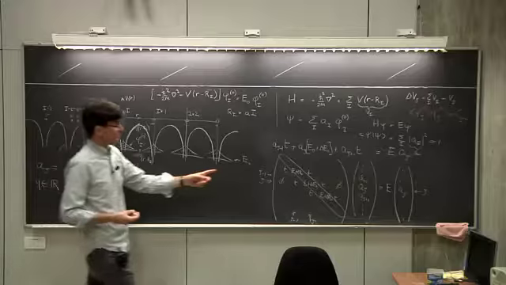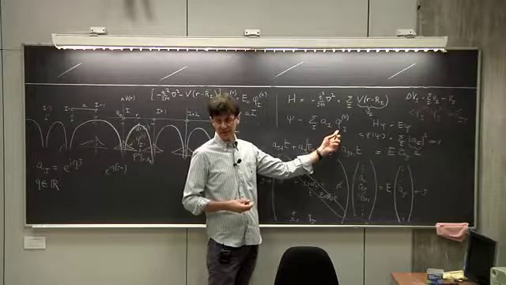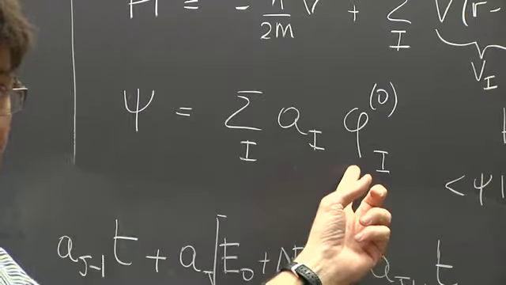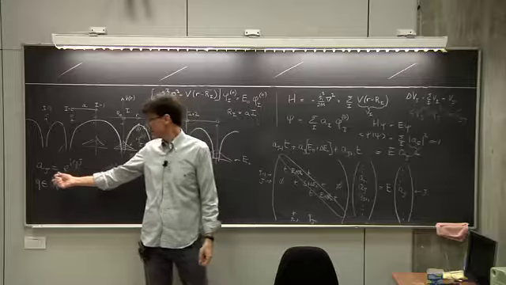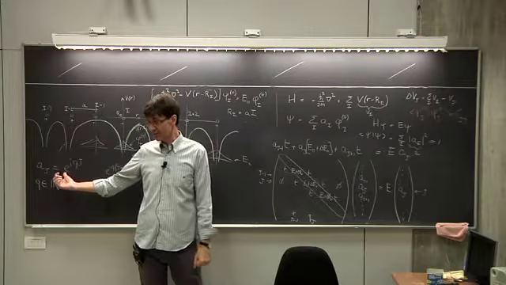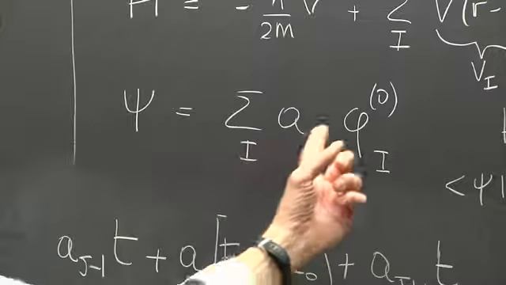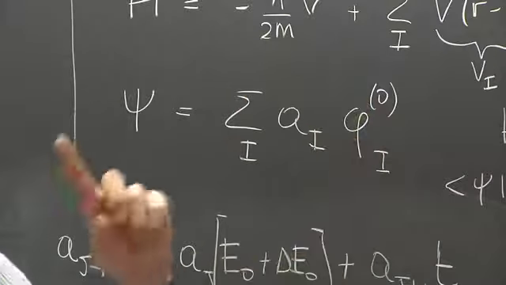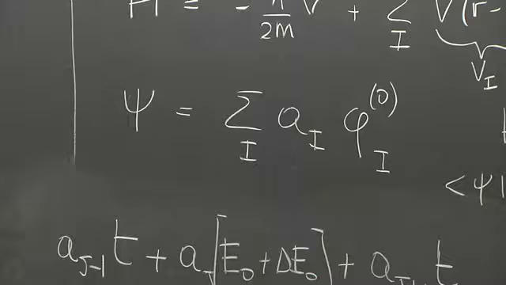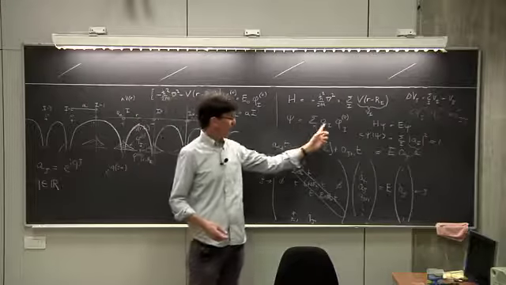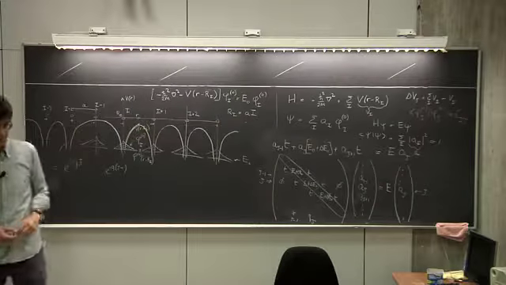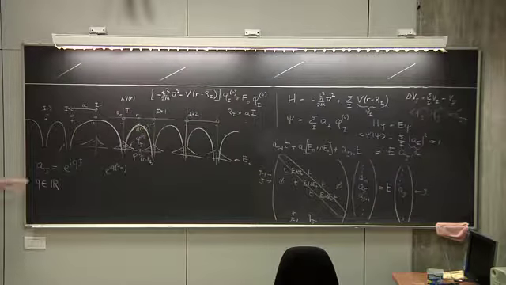Don't forget that this multiplies the wave function. So the real wave function is Aj times the atomic wave function. So don't see this as the wave function. This is not the wave function. This is just the coefficient that multiplies the atomic orbital. So my wave function will know that there is a Coulomb potential, because each coefficient will have the atomic wave function attached. Exactly. So this is not the wave function.